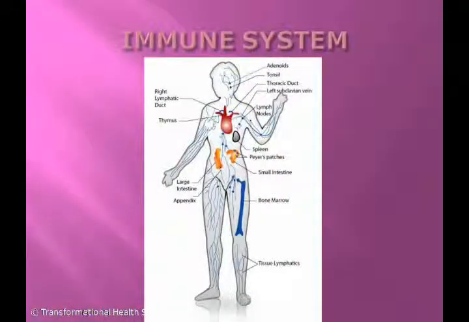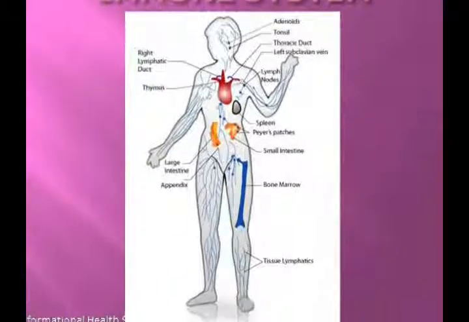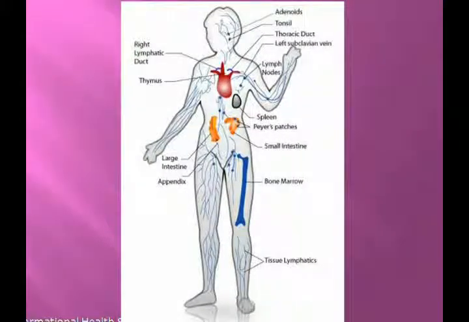So just remember what parts in the body are directly related to the immune system. We have our lymphatic system, and this is a major part of immunity. We have our glands, like our adenoids, our tonsils, our appendix. These are all glands related to the immune system. Our spleen, our liver are major parts responsible for the function of the immune system.